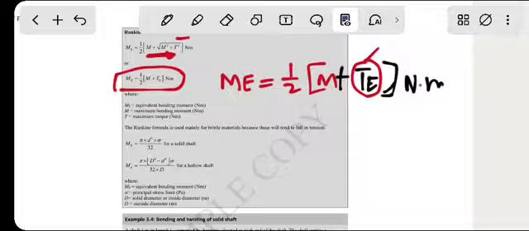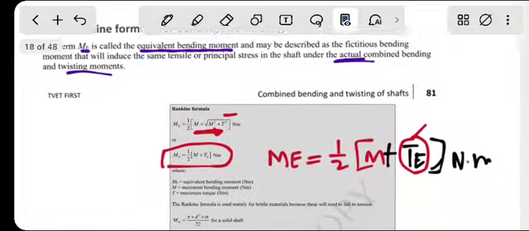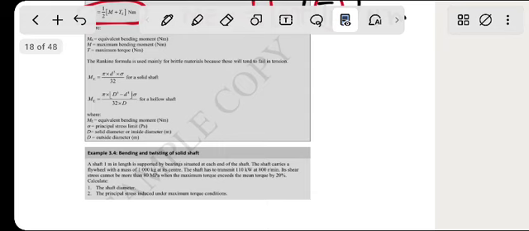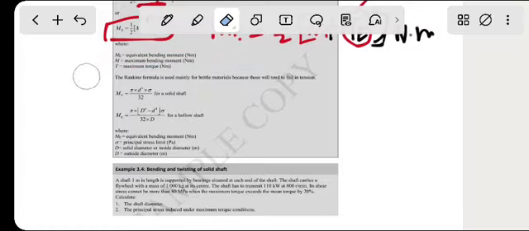Now you see we have 1 over 2 into M plus the equivalent twisting moment. This is called Rankine's formula, and the result is called the equivalent bending moment. It's measured in Newton meters. It's given there, our equivalent bending moment.